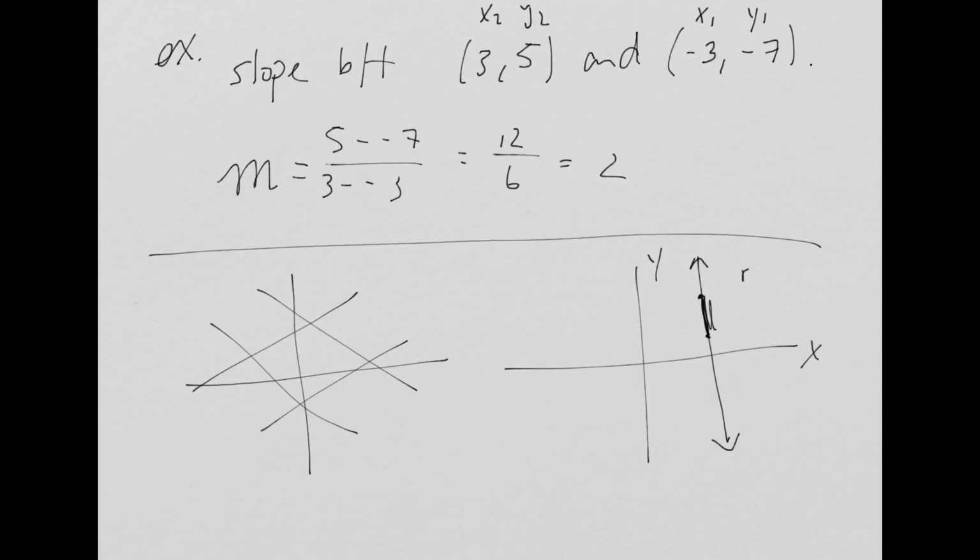So the run for a vertical line is 0. We can't divide by 0, so the slope of a vertical line is undefined. Because remember, you're dividing by the run. Well, if you're not going left or right from one point to another, you're dividing by 0, and we can't do that. So the slope of a vertical line is always going to be undefined.